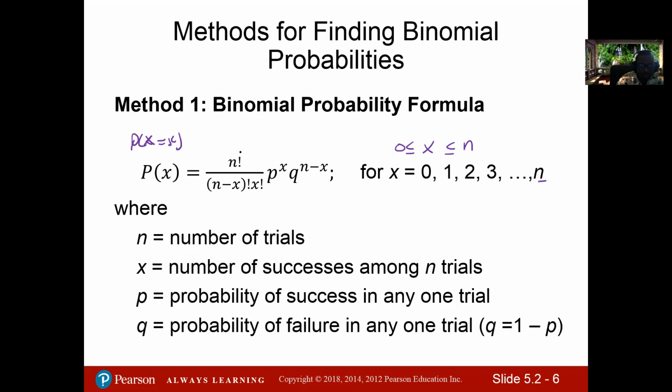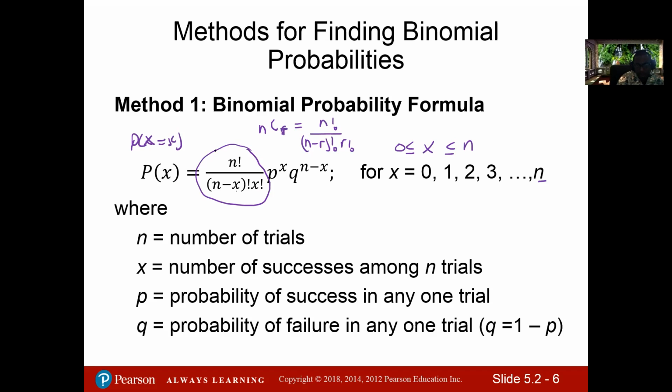Now I wanted to note the formula is given by n factorial divided by n minus x factorial times x factorial. Now I want you to know this. When we did combinations, that is n combination r, it was n factorial over n minus r factorial times r factorial. So if you replace the r here with x, you get exactly what I just circled.